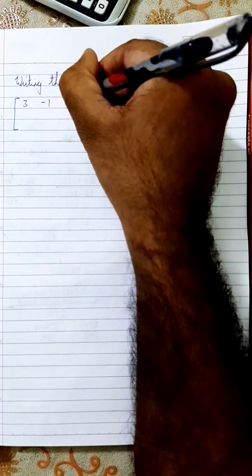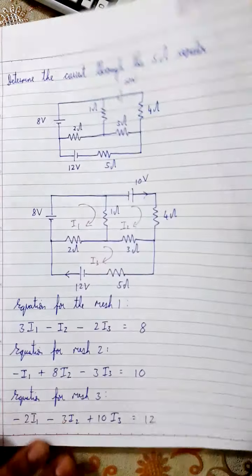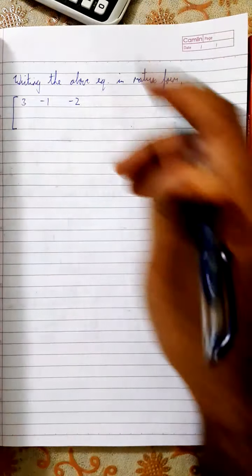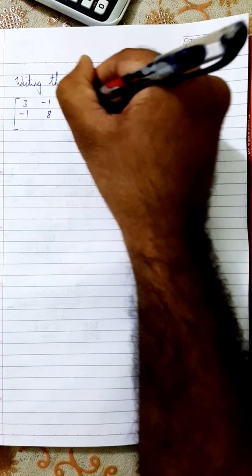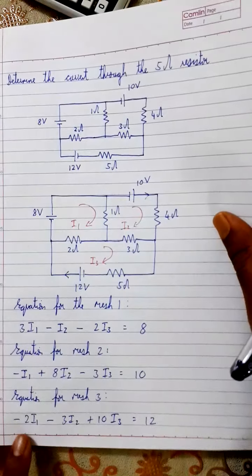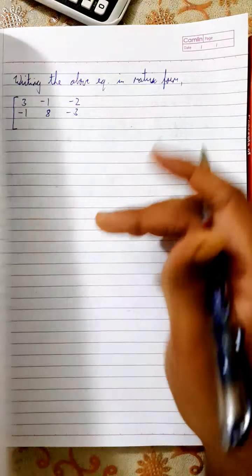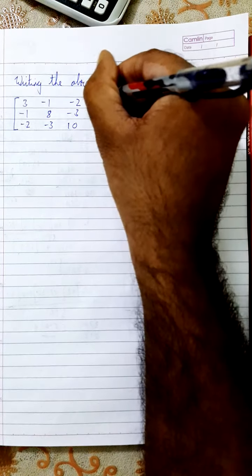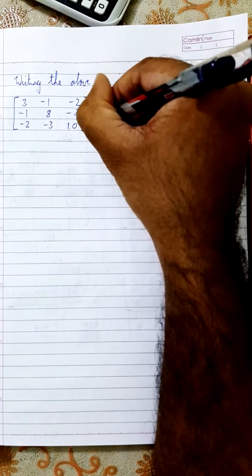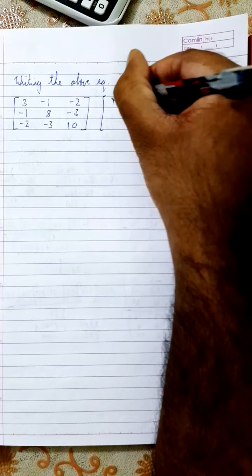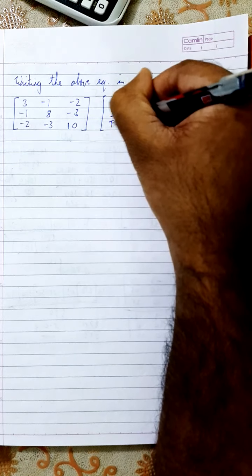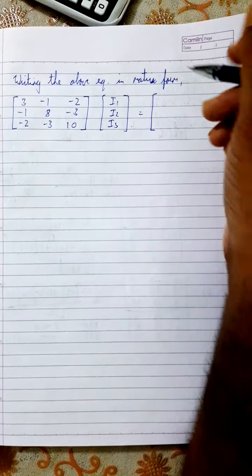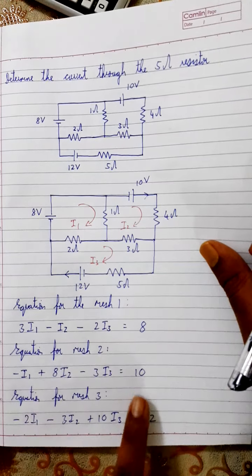Second row, minus 1, 8, minus 3. Third row, minus 2, minus 3, 10. This is my coefficient matrix, and then the unknown variables are I1, I2, I3, equal to the matrix for the voltage sources: 8, 10, 12.